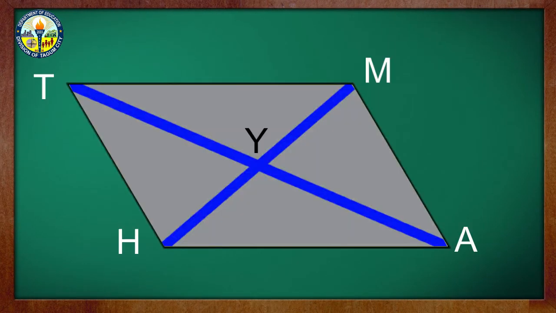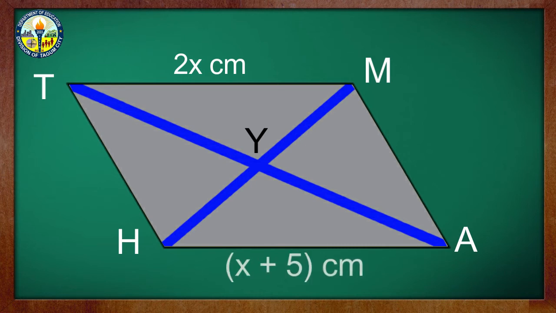If line segment MT is 2x centimeters and line segment EH is quantity x plus 5 centimeters, what is the measure of each side? According to property number 1 of a parallelogram, line segment MT is congruent to line segment EH. Substitute the value.